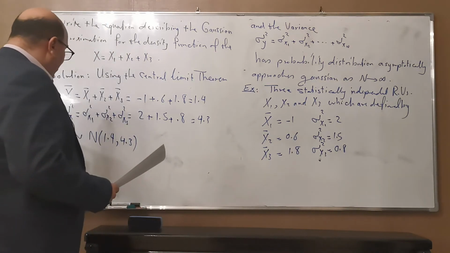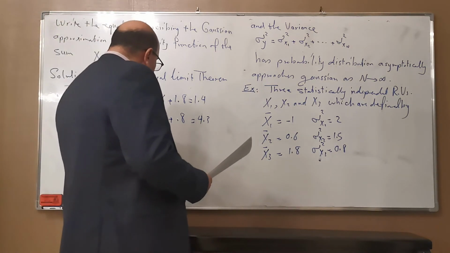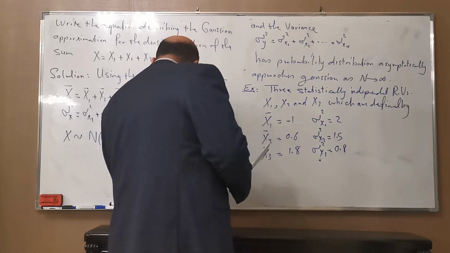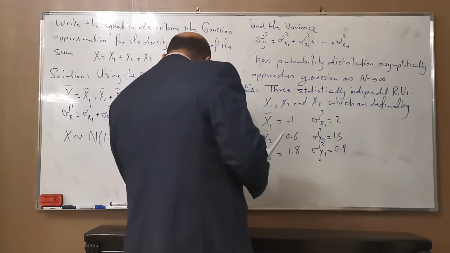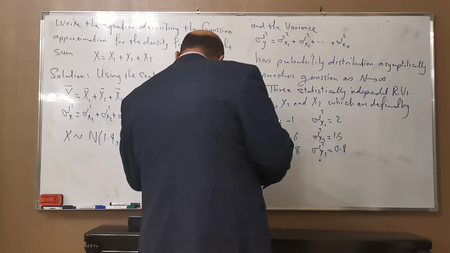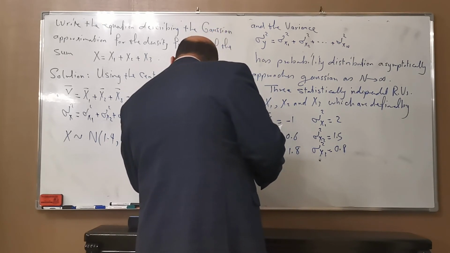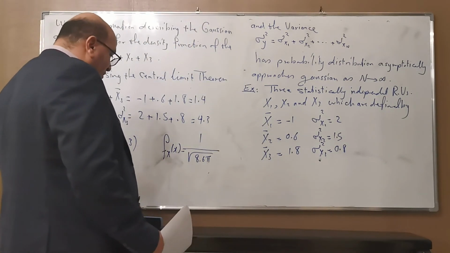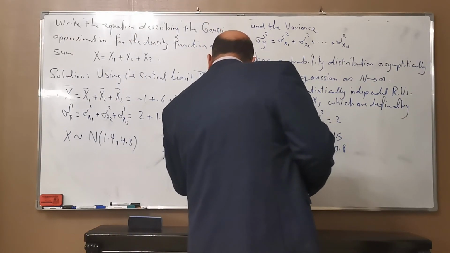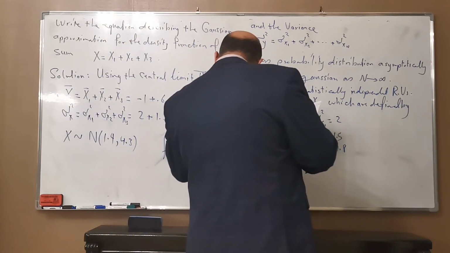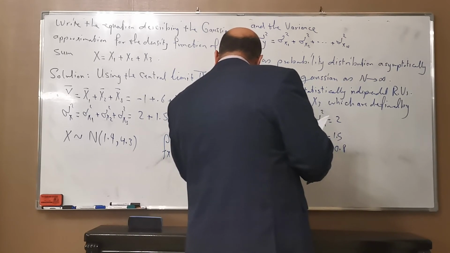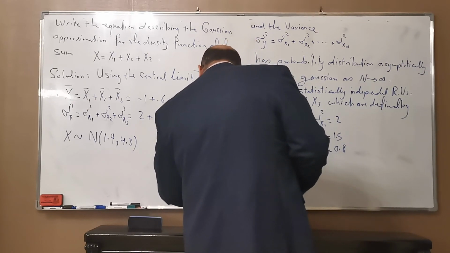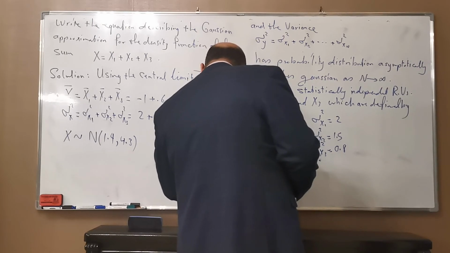So the random variable is a normal or Gaussian, and our fx of x is equal to 1 over the square root of 8.6 pi, which is 2 pi times 4.3, that is sigma x squared, times e to the minus (x minus 1.4) squared divided by 8.6, and this is valid for x between minus infinity and infinity.